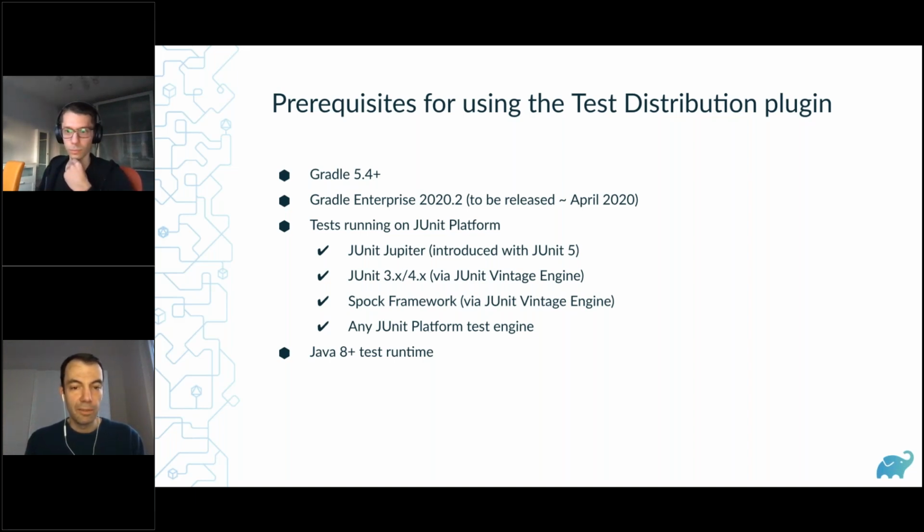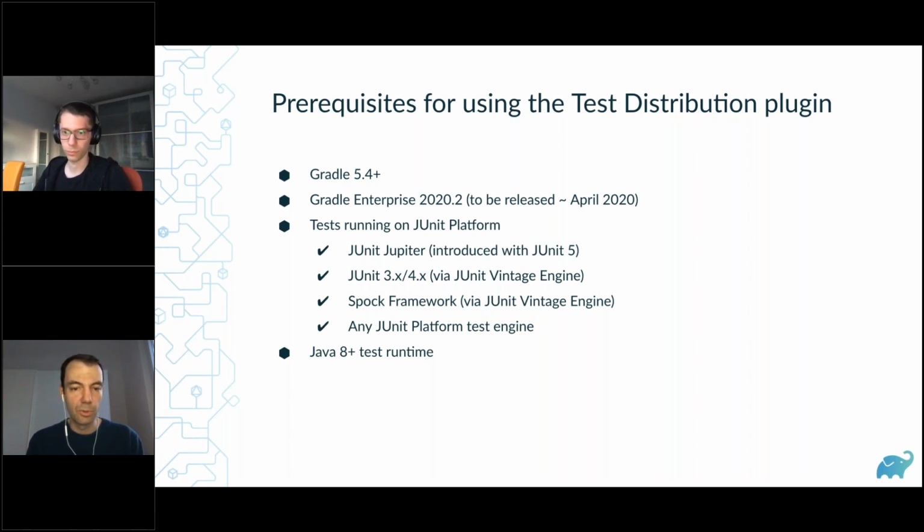Tests running on the JUnit platform are supported. So we support JUnit Jupiter, which is the new testing framework introduced with JUnit 5, but also JUnit 3 and JUnit 4 tests. They are still supported, and you just have to add the JUnit Vintage engine to your test runtime class path.